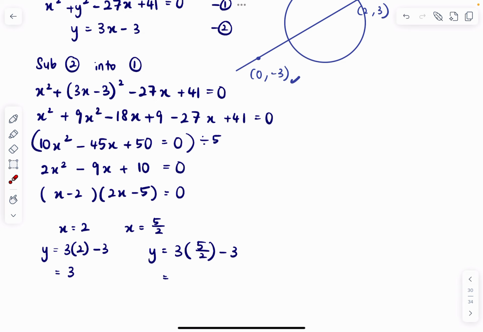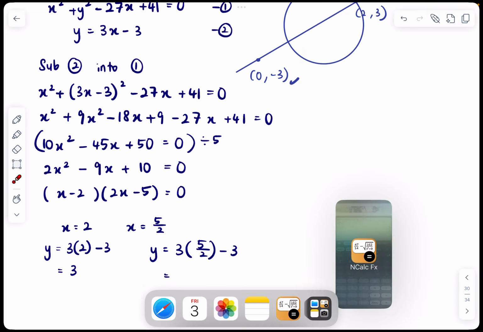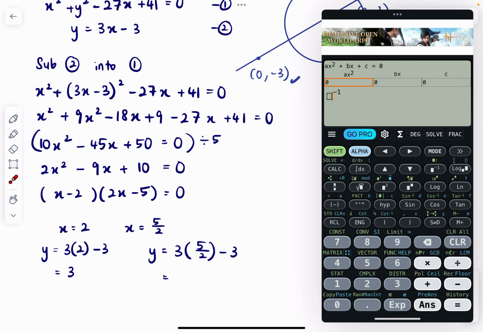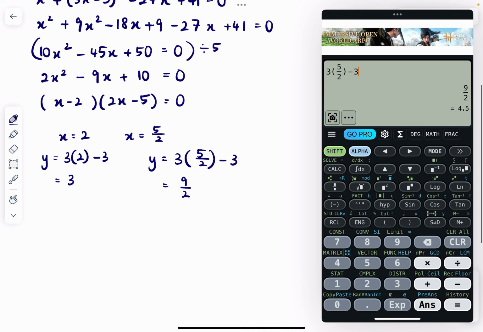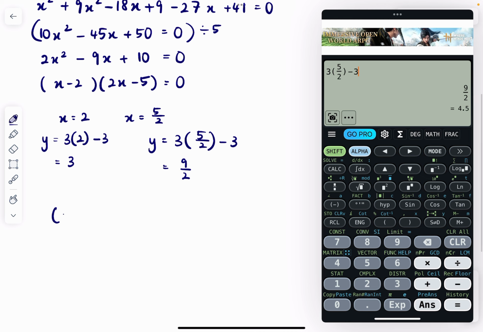Here will be 15/2 minus 3, which is 9/2. So our intersection points will be at (2, 3) and (5/2, 9/2).